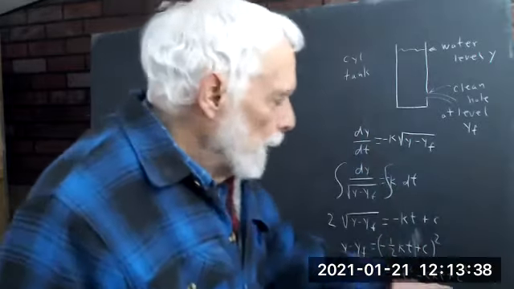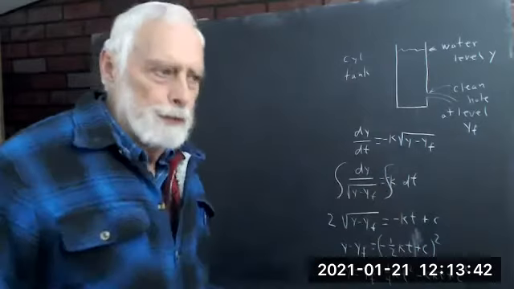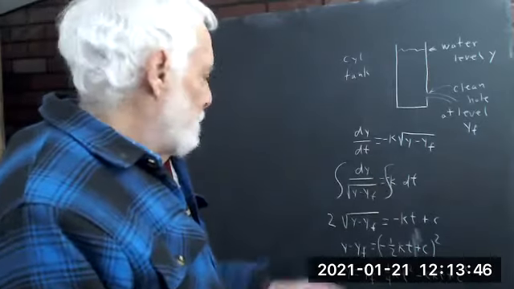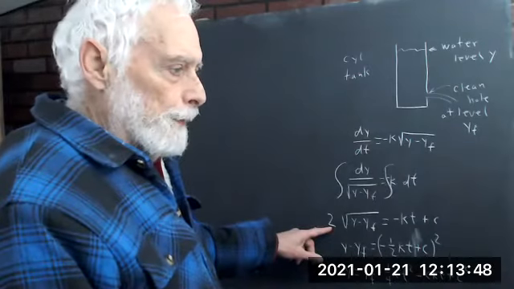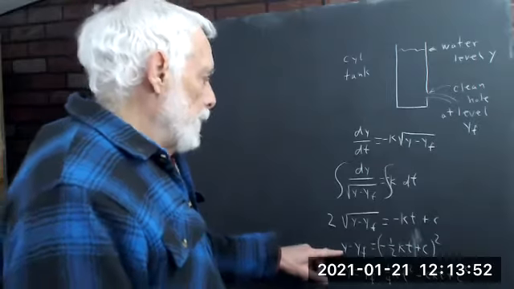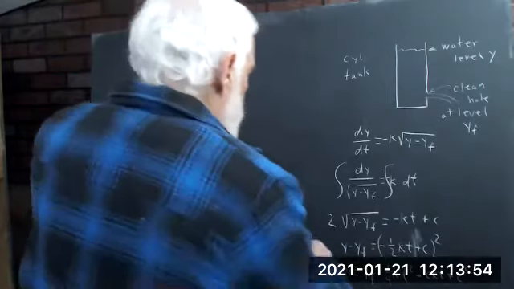Now you have a 1 parameter family of solutions, and this is way down below what you can see. So maybe I better rewrite this.